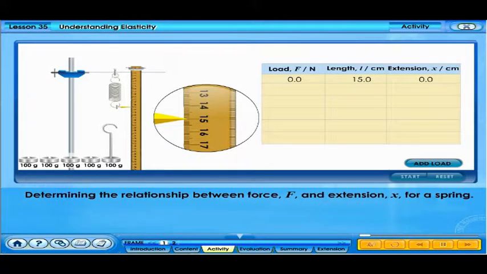In this activity, you will carry out an experiment to determine the relationship between force and extension for a spring, otherwise known as Hooke's law. Click on the Add Load button so the load is added onto the spring one by one. Calculate the extension on the spring.